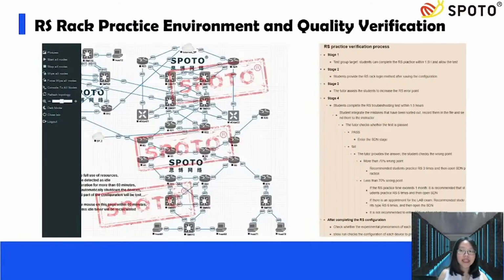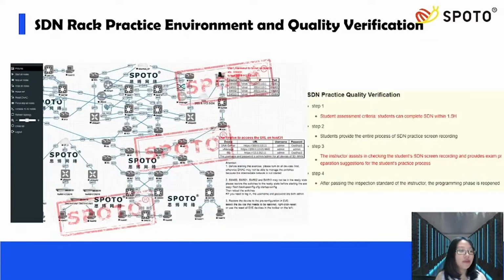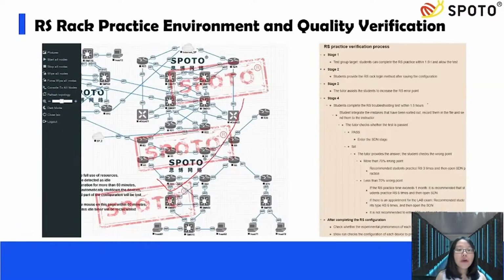Okay, so our practice will separate routing switching, SDN, programming, and finally we'll have a fusion experiment. So everyone will get a unique routing switching rig practice permission, and when you complete a routing switching practice, we will help you verify your overall practice quality.